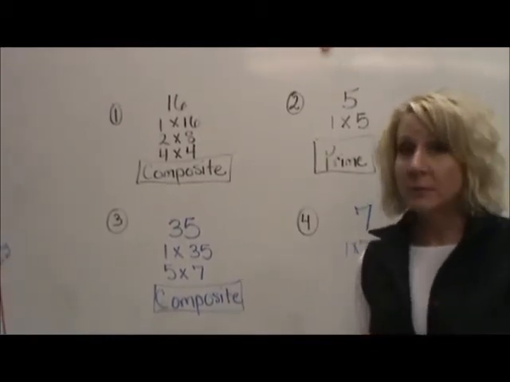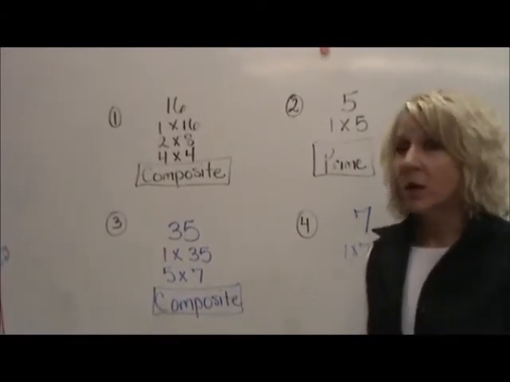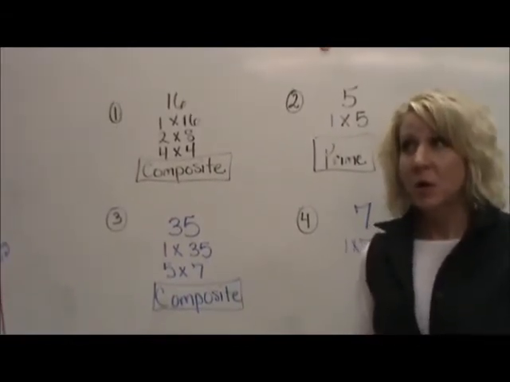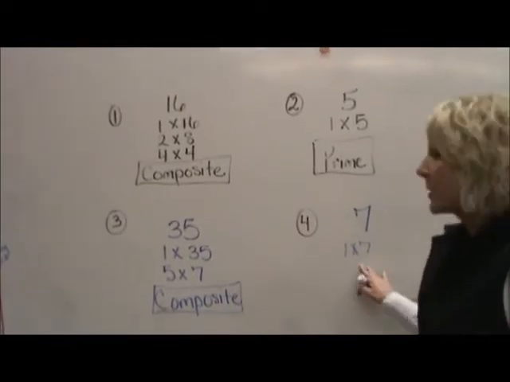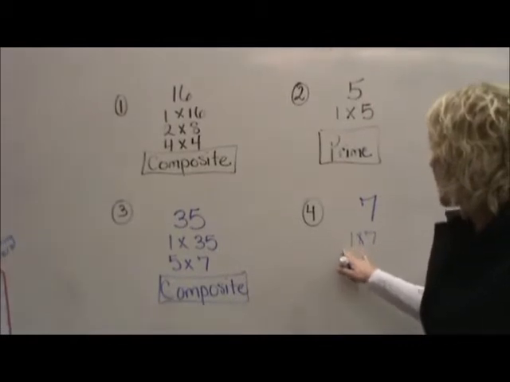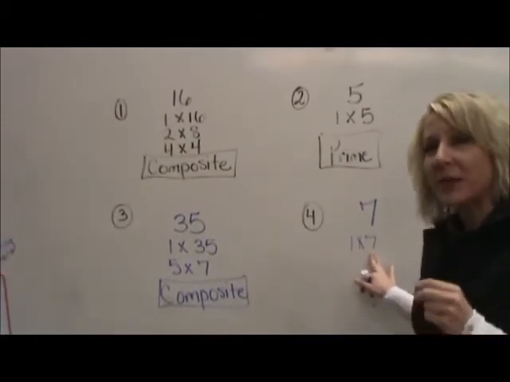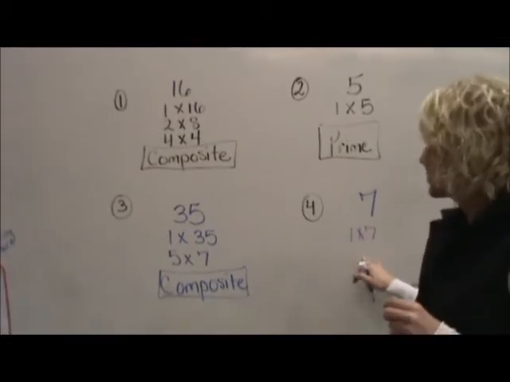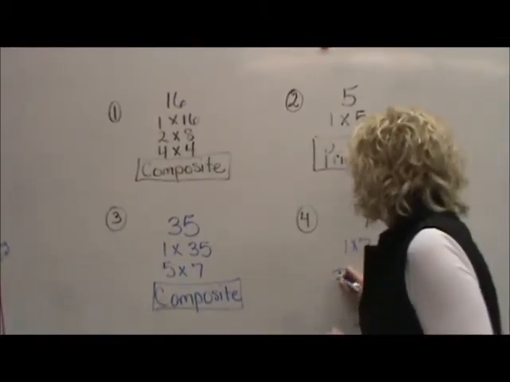No. 4 times any number? No. 5 times any number? No. 6 times any number? No. 7? Yes, 7 times 1. And we're already there. So 1 times the number itself is the only way we can multiply two numbers to create the product of 7, and that's what makes this a prime number.